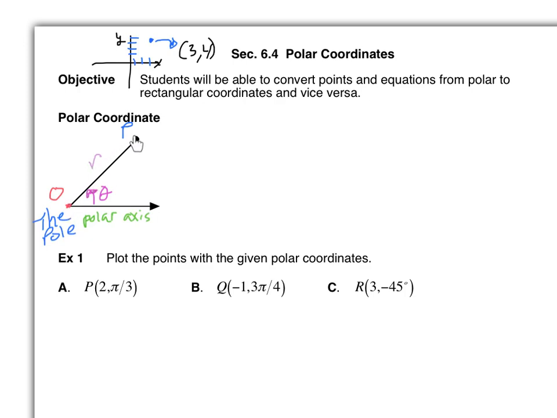R is a distance. R is your radius in the unit circle. So it looks very similar to those things in the polar coordinate system. And then this point P, this polar coordinate, what you used to view as X is now R, the radius that we're rotating about. And that theta is our directional angle.